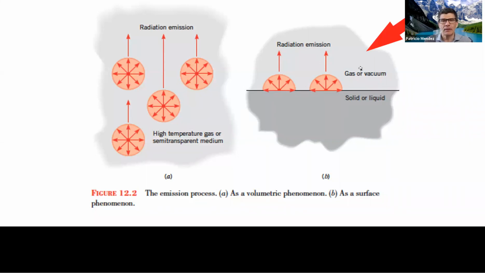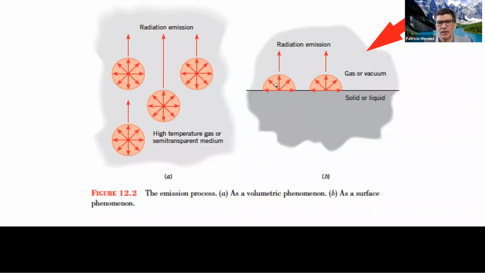But to give you an idea, in my research life, when we study welding, this big spark you see in welding, that's a plasma. And that plasma radiates volumetrically. So I need to deal with this type of radiation in the case of a plasma. In this class, we're going to be dealing with something that is simpler because it's not too simple, but it's much simpler than the volumetric.